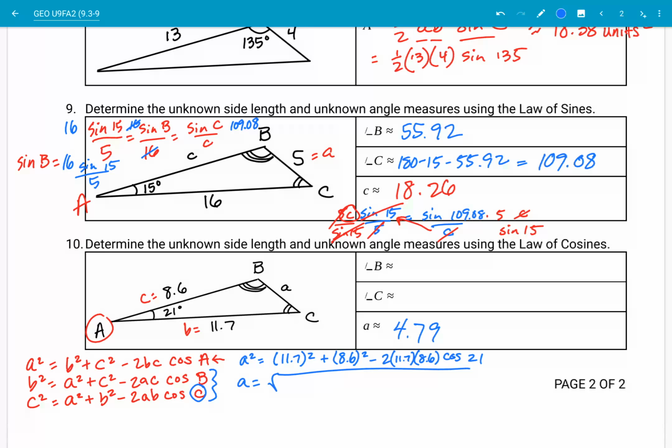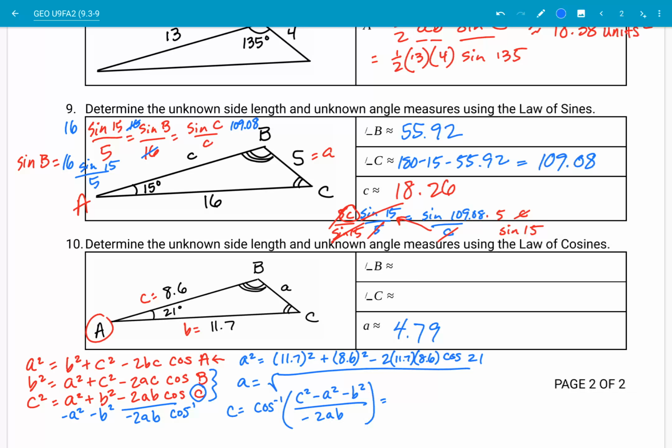So I'm going to subtract a squared, subtract b squared, divide by negative 2ab, and take the inverse cosine of everything on the right, and that will get C by itself. Okay, so C is going to be equal to cosine inverse of c squared minus a squared minus b squared divided by negative 2ab.